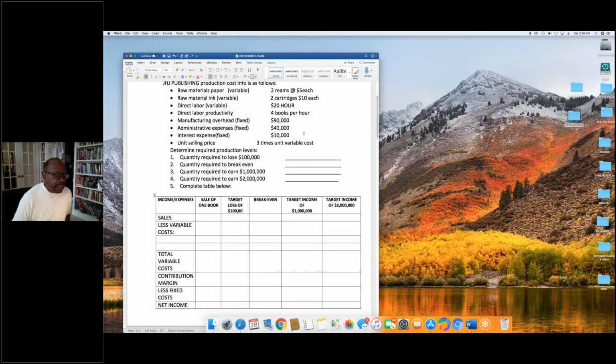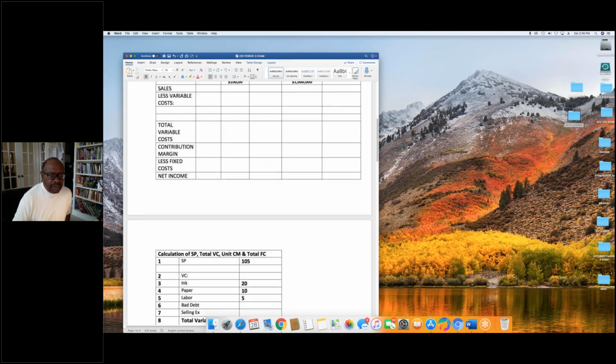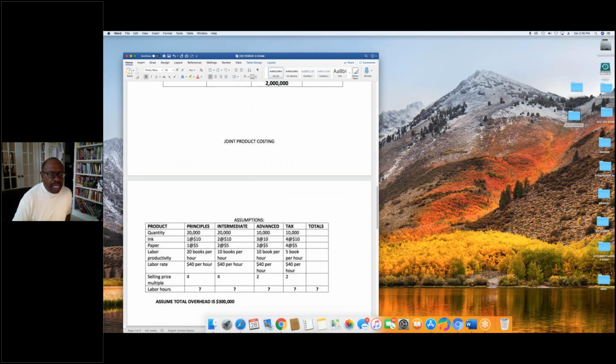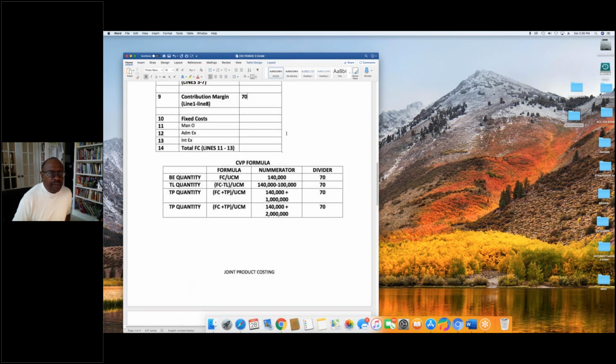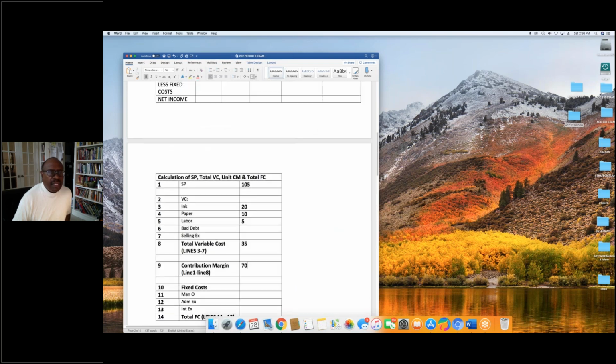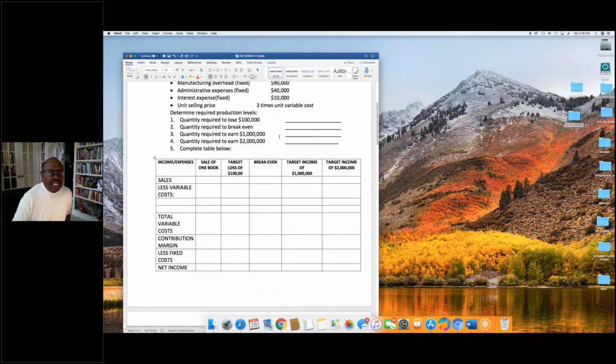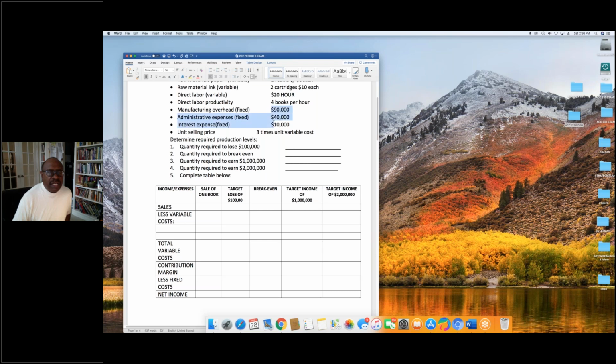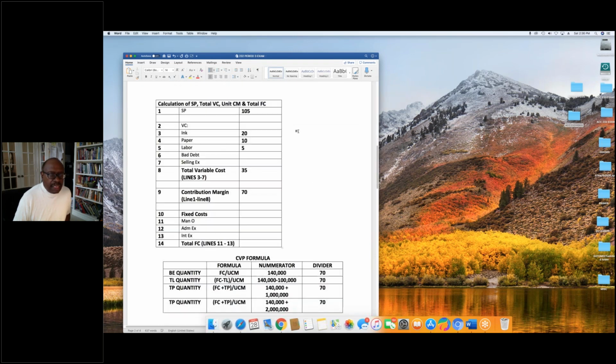Next, we have to calculate the total fixed cost. And we're told that the overhead is 90, the fixed expenses are 40, and the interest expense is 10,000. So now we will bring those costs down. I'm going to see if I can, no, it's not going to copy, so I better put them down. So the manufacturing overhead was 90,000.